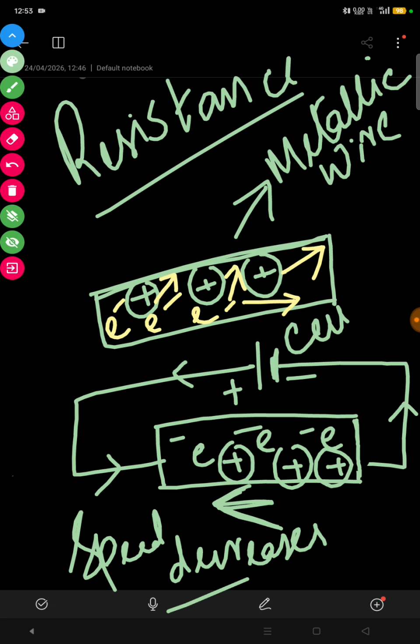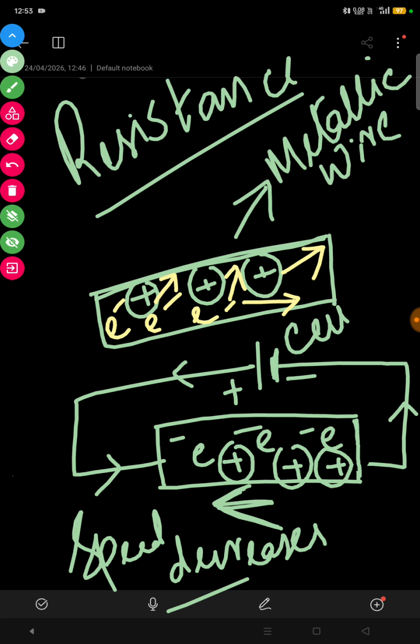So there is a drift of electrons towards the positive terminal from the negative terminal, and thus a metal wire offers some resistance to the flow of electrons through it. This is the cause of resistance in a metallic wire.